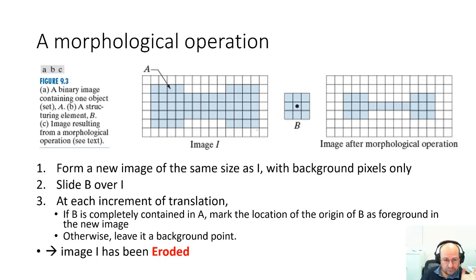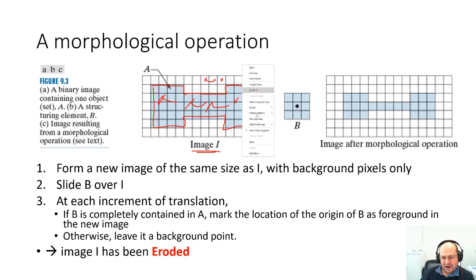Now, a very basic morphological operation. If we have an image I, the image here on the left-hand side, with a foreground object, which is this bone-like shaped object in the middle, or it can be an H. These are foreground pixels in the image, and these are background pixels.